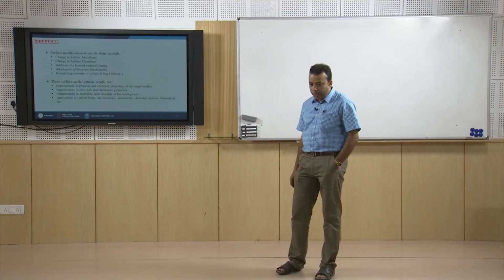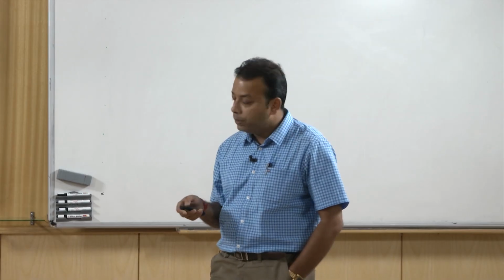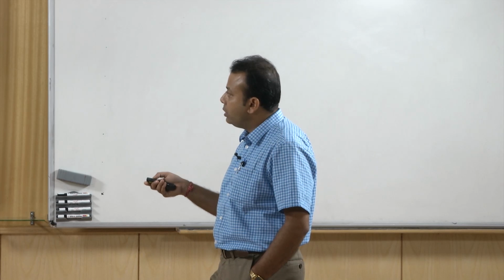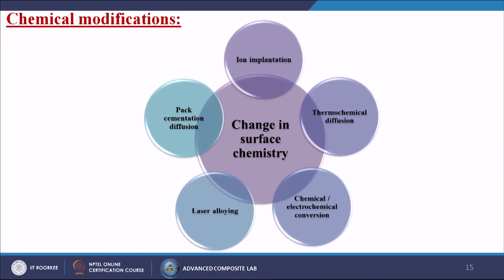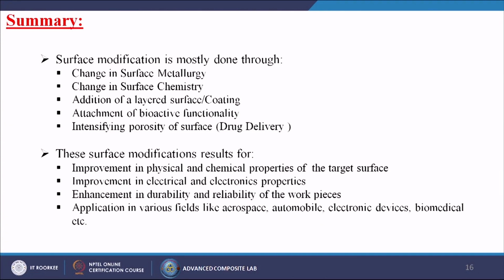And in summary, of the whole slide we have discussed till now, we discussed two parts. Surface modification is mostly done by changing surface metallurgy, changing surface chemistry, adding a layered surface coating, attaching bioactive functionality, and intensifying porosity of the surface.